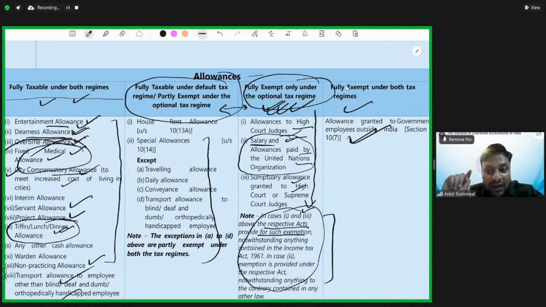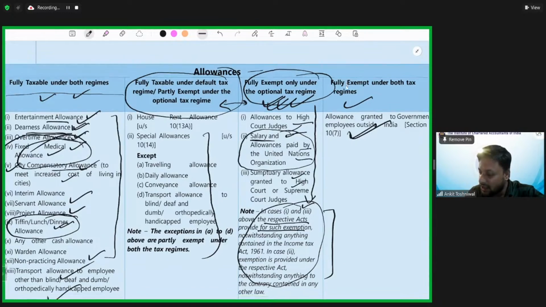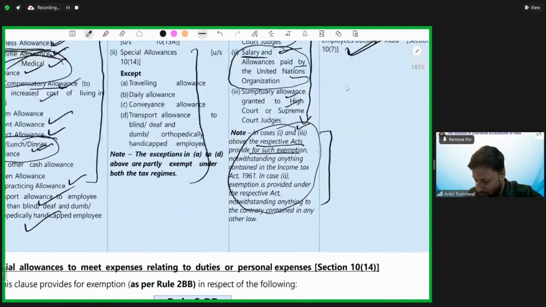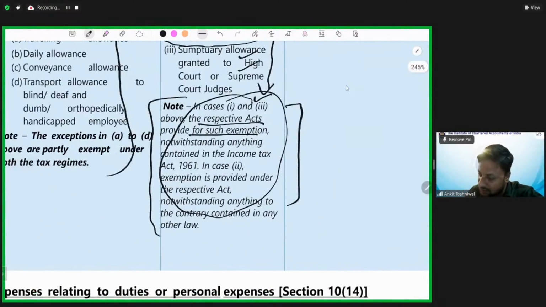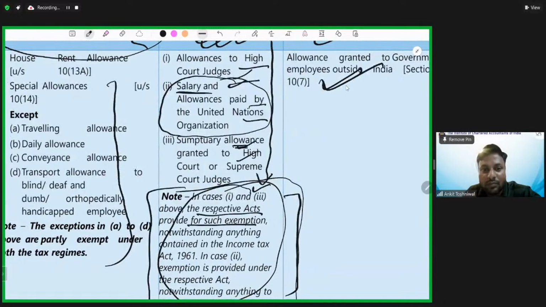Yes, sir. But if you are opting for the default regime, then the clarification from the CBDT is still pending. That's why, if the question arises, we have to write this remark. And this remark says that under the act, whichever act the UN follows, whichever act the High Court and Supreme Court judges follow, it is written that any allowances to them are exempted, even if it is contrary to the Income Tax Act.